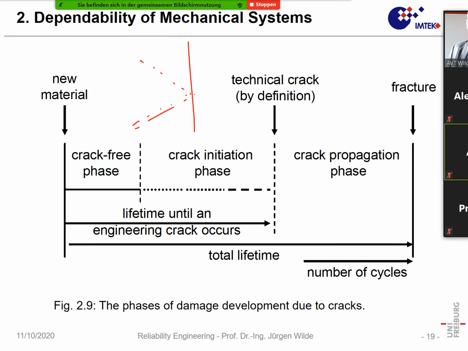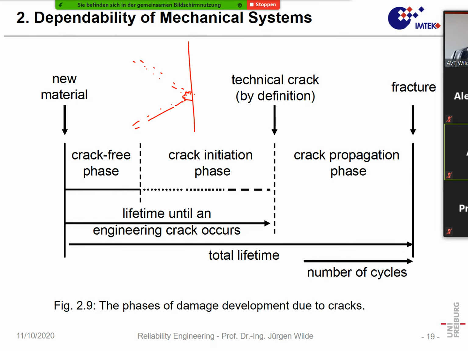Typically it's on some gliding bands, and they are typically under 45 degrees because here shear stress is maximum, and that typically can lead to some stepwise very small crack. That's especially in metal parts, but also in ceramics. So we have a crack initiation.